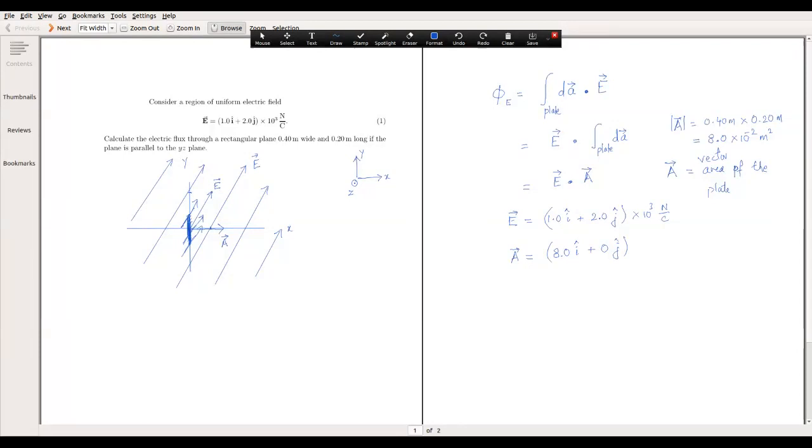Area, again, remember, is always perpendicular to the plane containing the area. The plane is in the yz direction, so the vector corresponding to that area will be perpendicular to that, which is in this case in the x direction. That's 10 raised to minus 2 meters square.